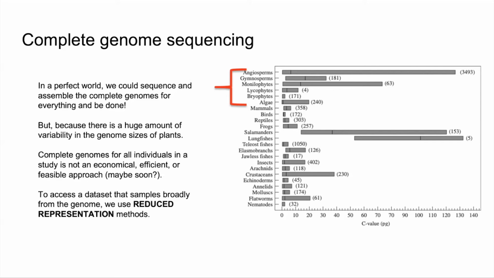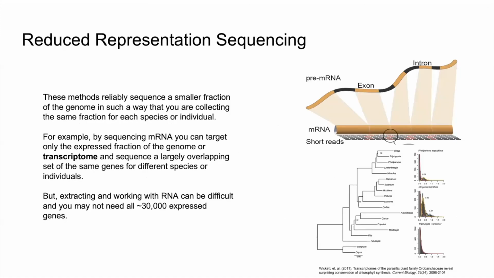To access a data set that samples broadly from the genome, I'm going to talk next about reduced representation methods. These methods reliably sequence a smaller fraction of the genome in a way that we can collect the same fraction from each species or individual that you include in a study. One method is transcriptomics, and I'll talk about that just briefly here.